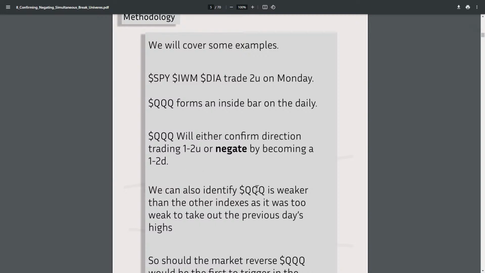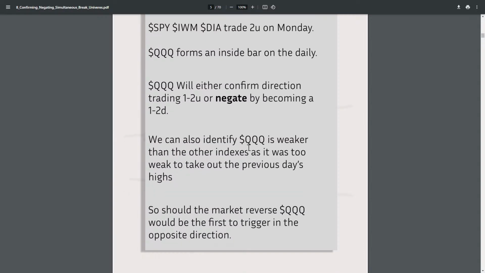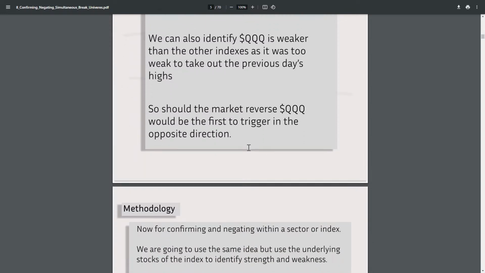We can also identify that QQQ is weaker than the other indexes because it stayed an inside day and it was too weak to take out the previous day's highs and go 2-up. So QQQ would be showing relative weakness to the other three indexes. Should the market reverse, QQQ would be the first to trigger in the opposite direction because it was the weakest.